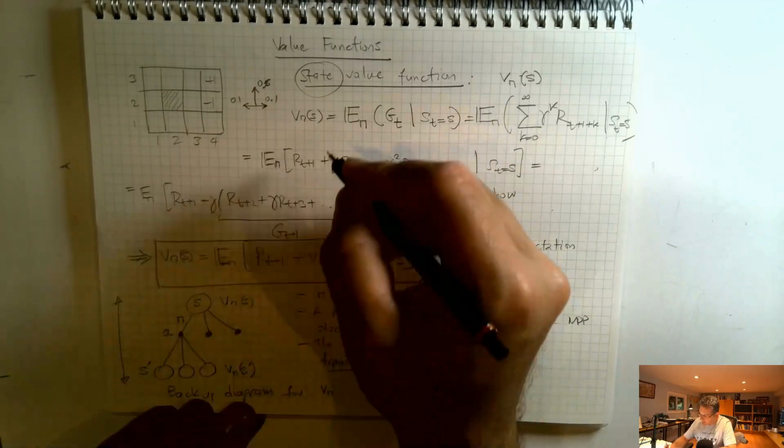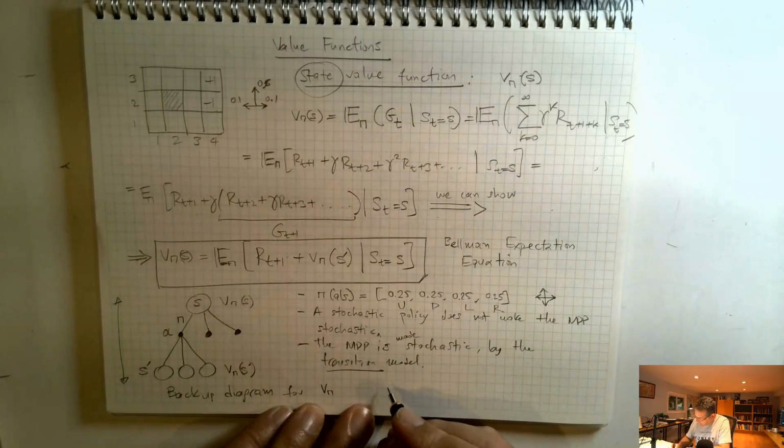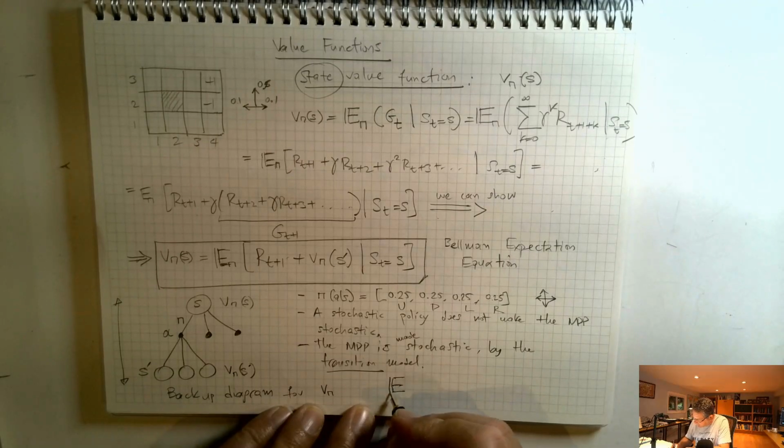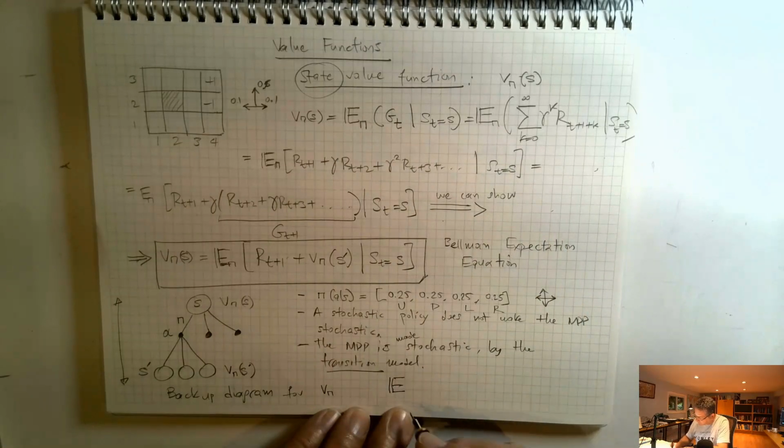When we take this expectation, in other textbooks you will see something I like a bit better than the Sutton notation that I have adopted over here: the expectation over S prime.